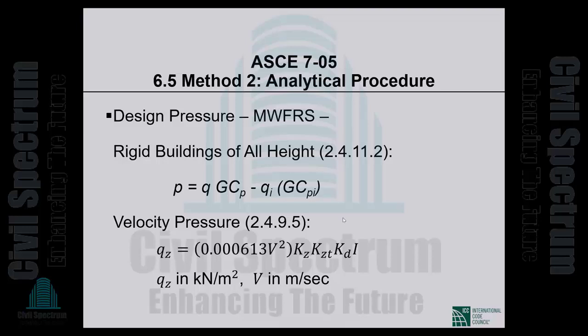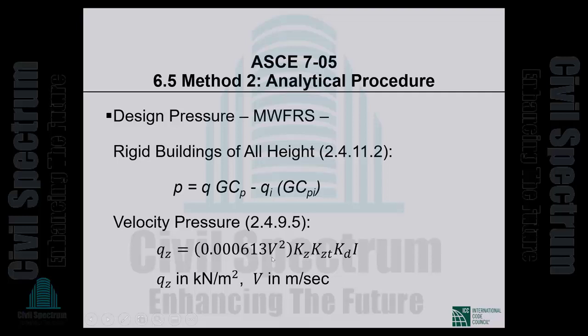We have seen this equation already. P, pressure due to wind, is external pressure minus internal pressure. External is q G C sub P, internal is q sub i G C sub Pi. The q sub z expression we have seen already.